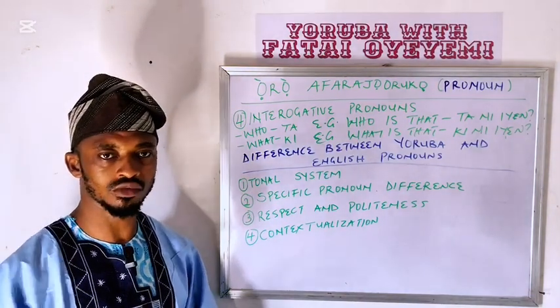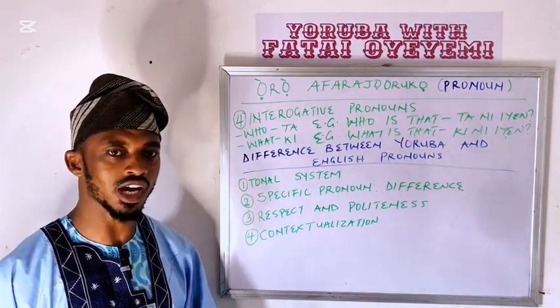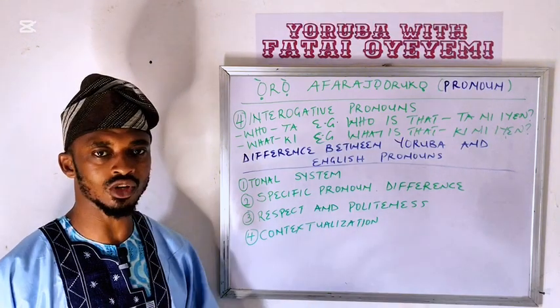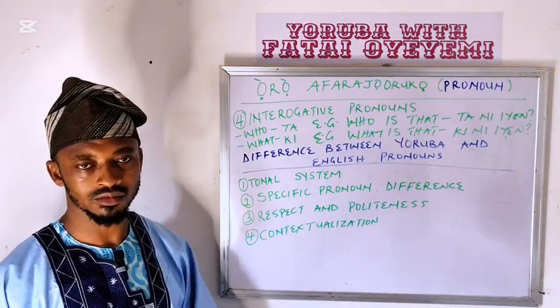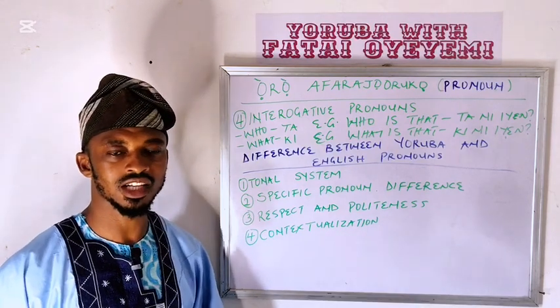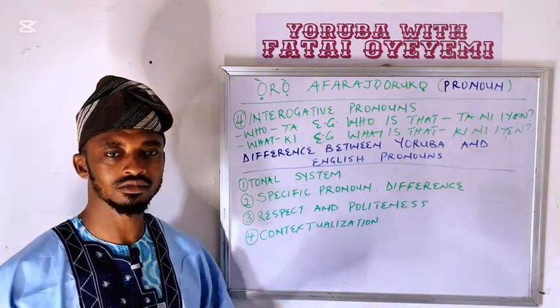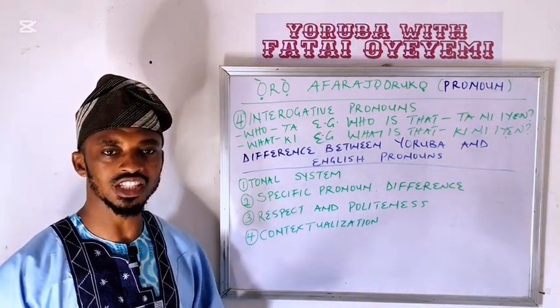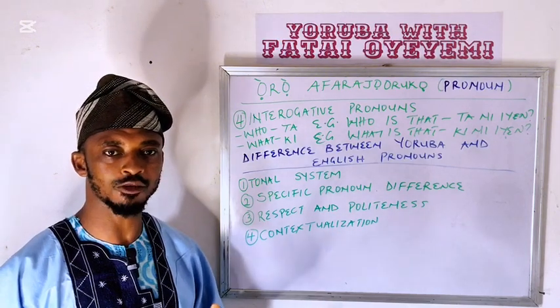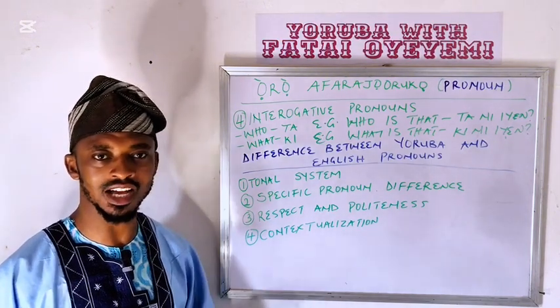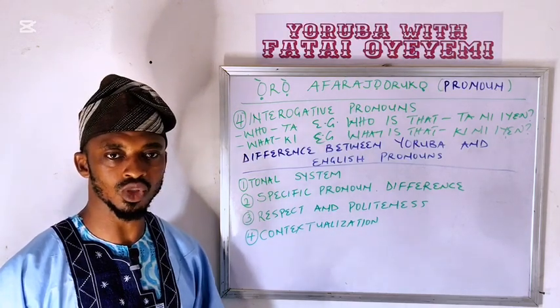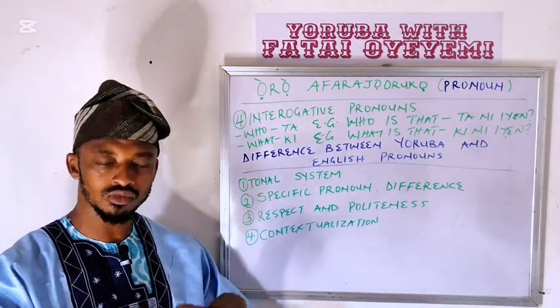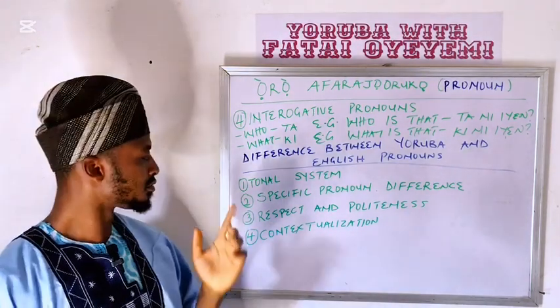For example, now your, then his or hers. Whereas both your and his or hers in Yoruba language is re. English language has a pronoun for the sexes, like for male and female, we have his and hers. But in Yoruba language, there's nothing like that. We just have 1 pronoun for everybody.